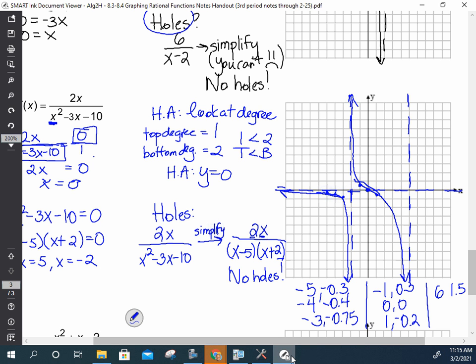So now you see why I told you to look at the graph first, so that you can get a sneak peek.